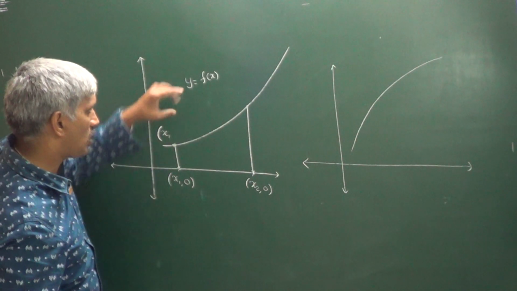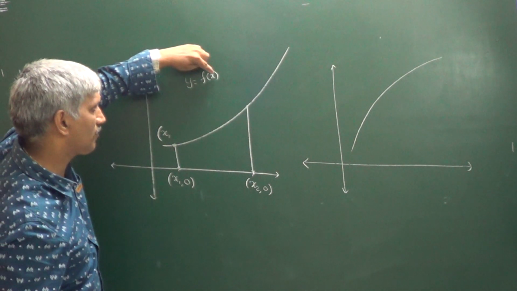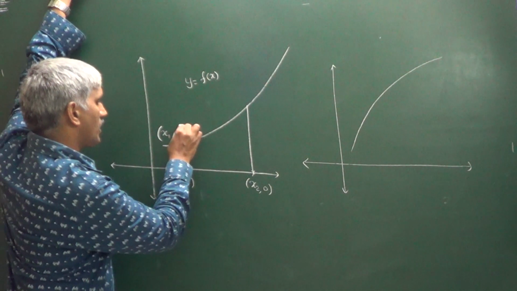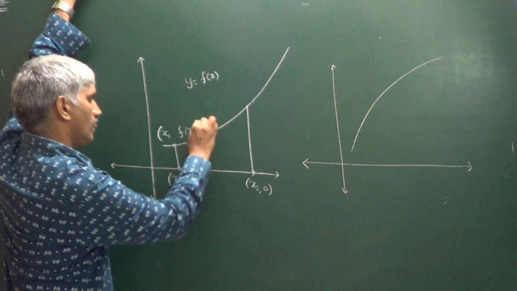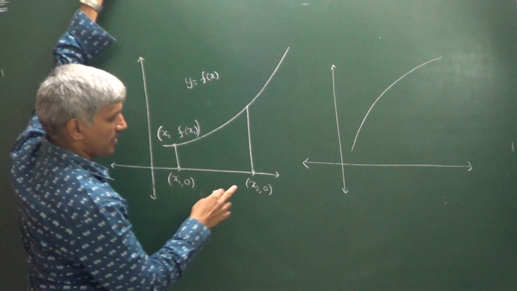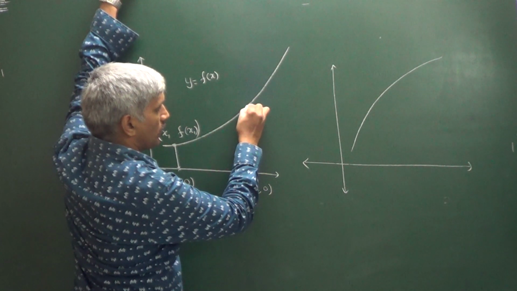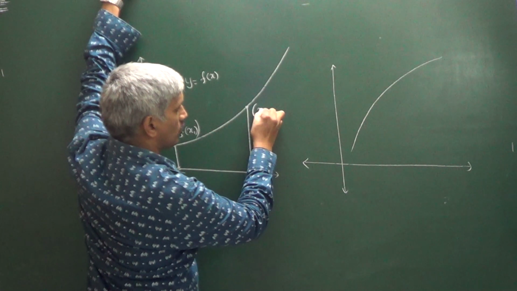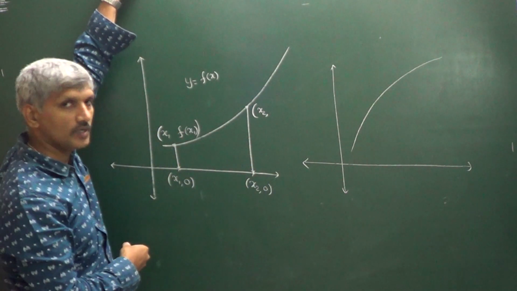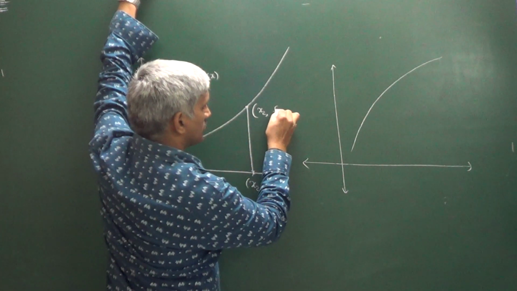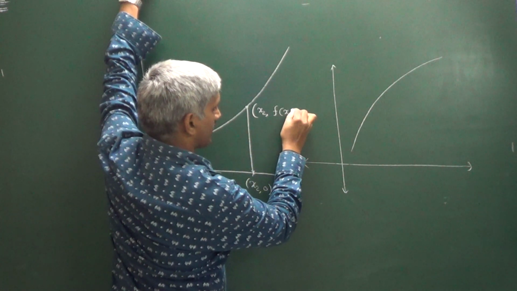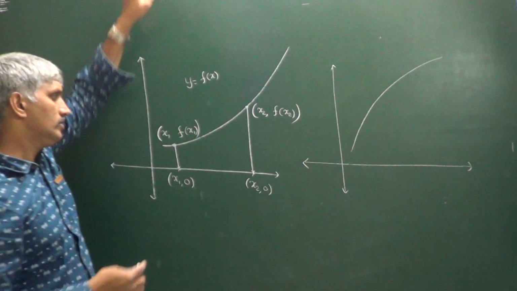This point is on this curve. In place of x, if you write x1, the y coordinate becomes f of x1, right? Next, here x2, that's why here also the x coordinate is x2 only. If you put x is equal to x2, then you will get y is equal to f of x2. So what happens?